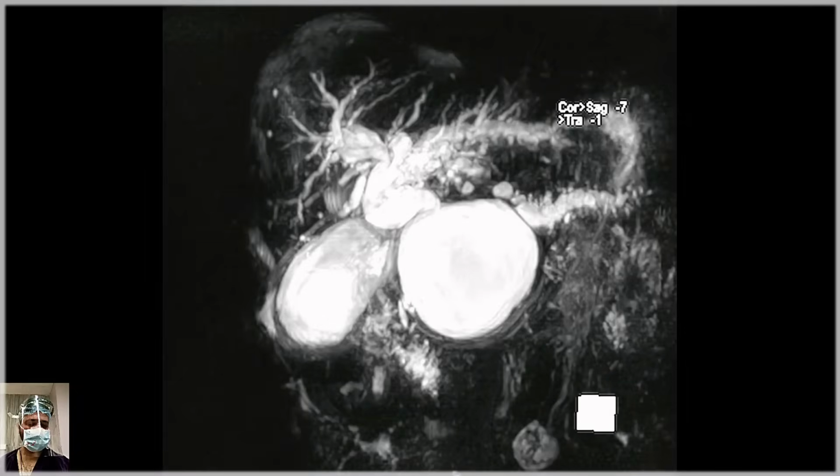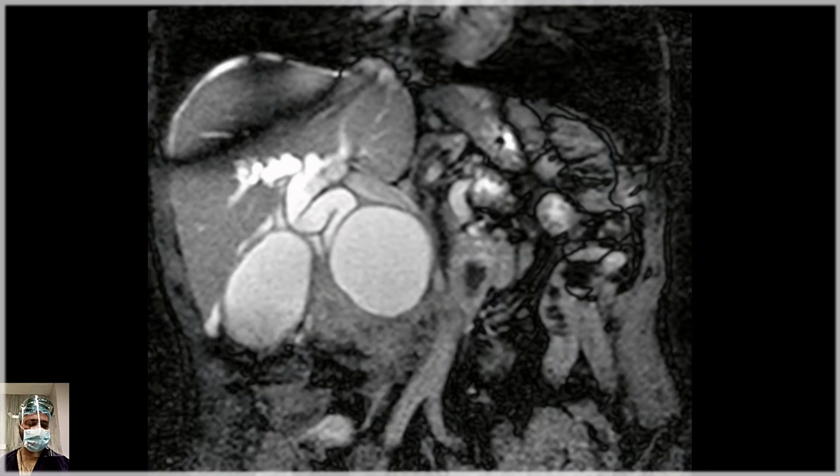and highlighted. So the compression was external on the CBD, and the pseudocyst was leading to the obstruction, leading to jaundice and backflow changes. The MPD was also dilated, measuring up to 1 centimeter.